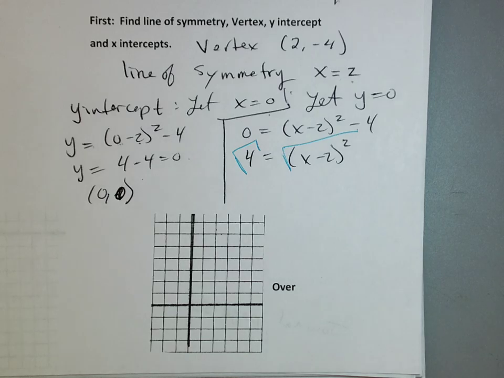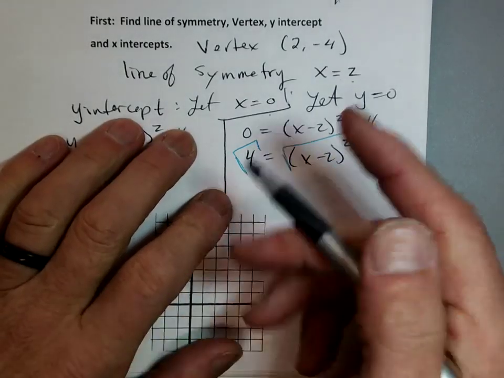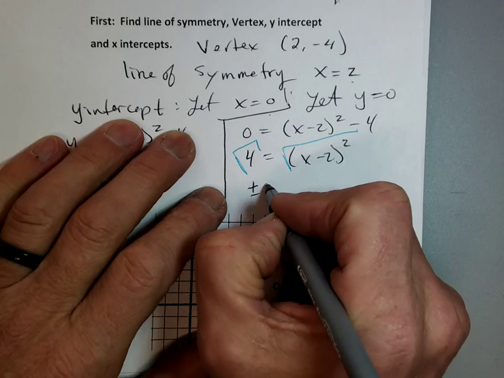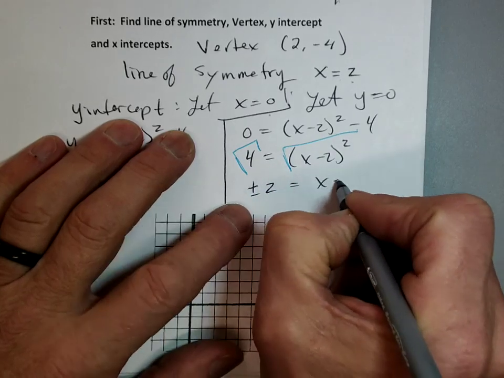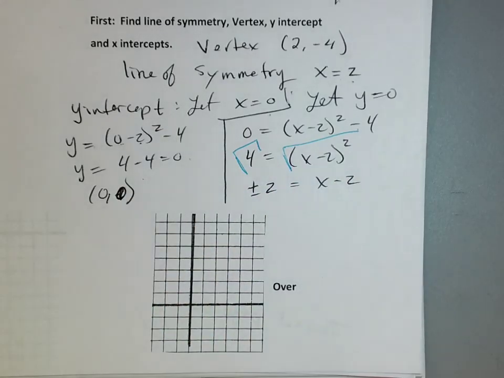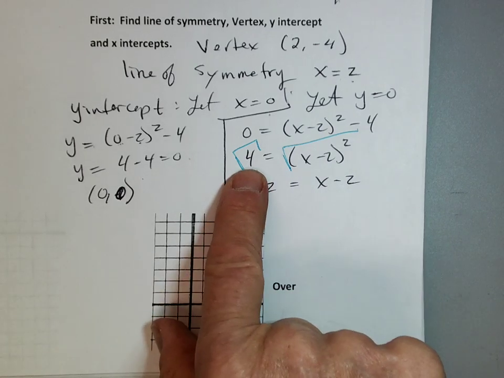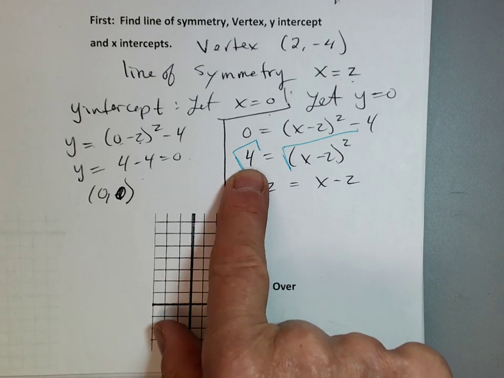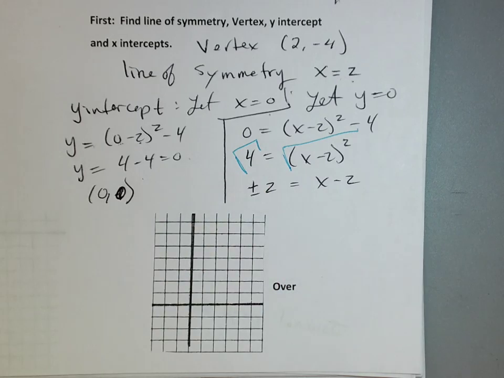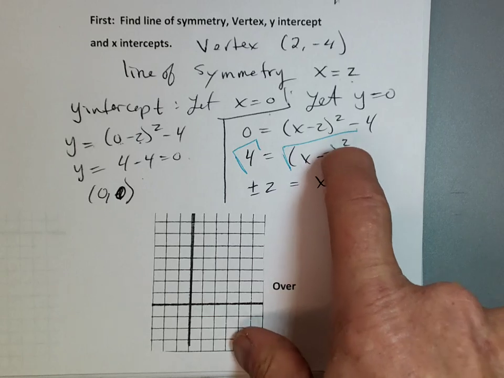So we're going to say this is plus or minus 2 equals x minus 2, because negative 2 times negative 2 is 4, and 2 times 2 is 4. Okay? 2 answers. Whenever we have an x squared in an equation, we will always have 2 answers.